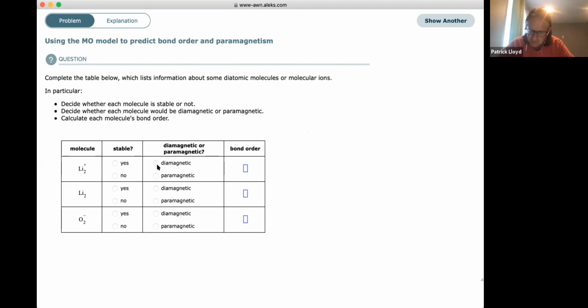So Li2 plus, let me stop sharing here. Okay, now again, we're doing this on the board, we'll probably want to have the entire diagram.